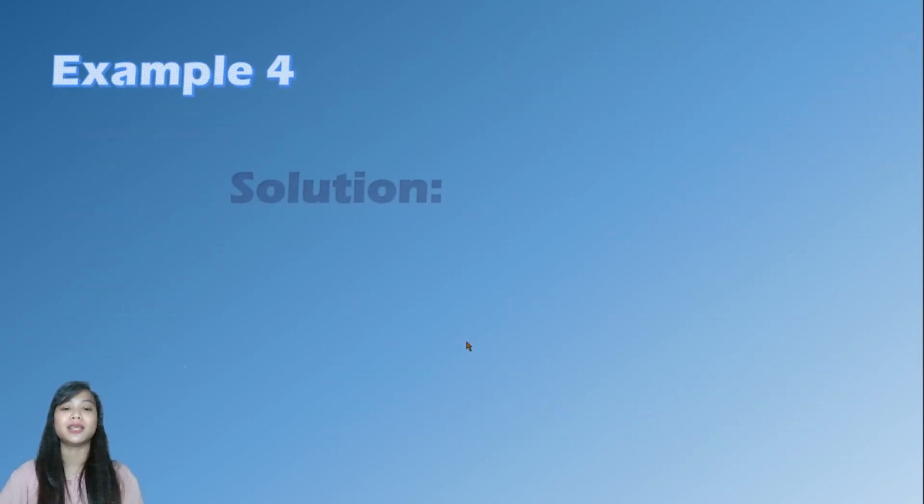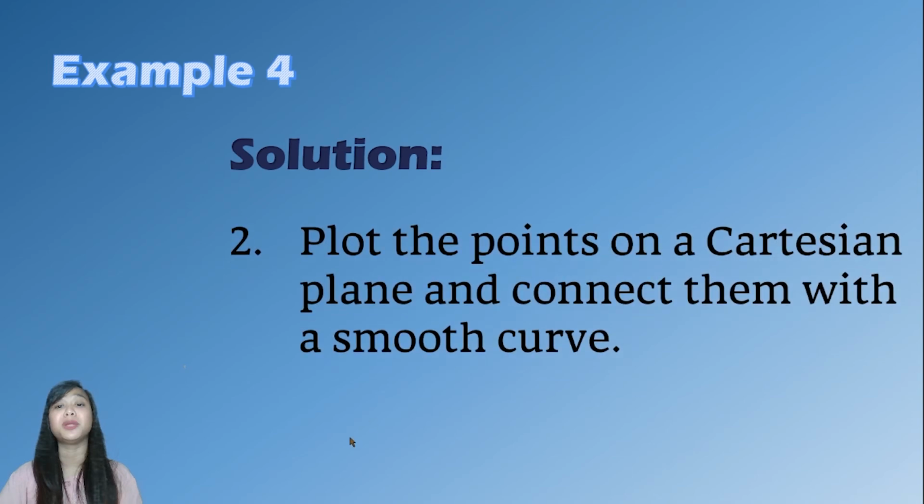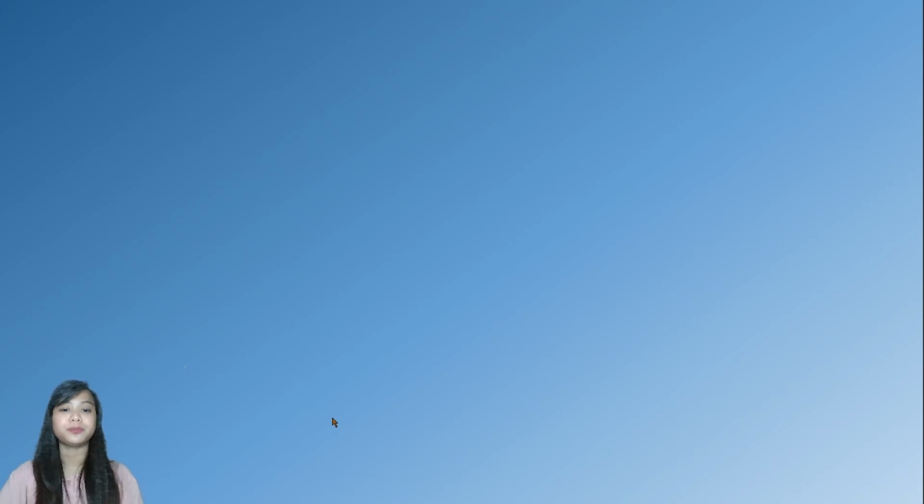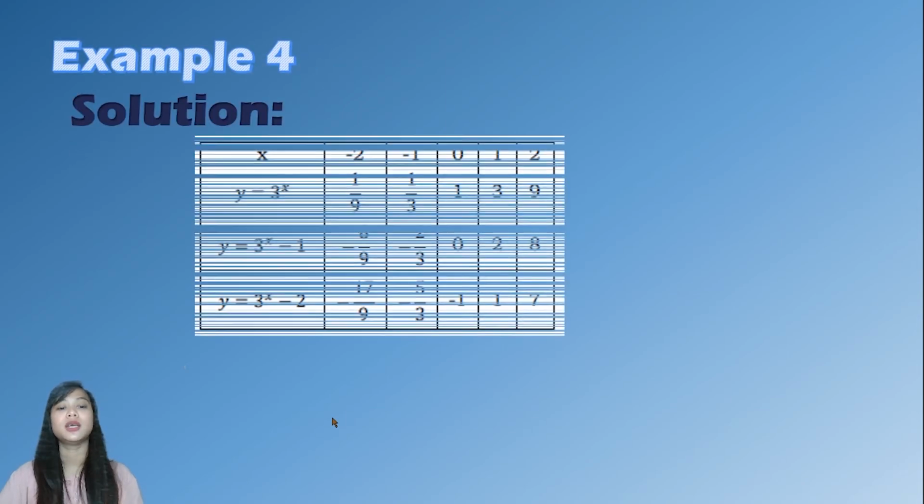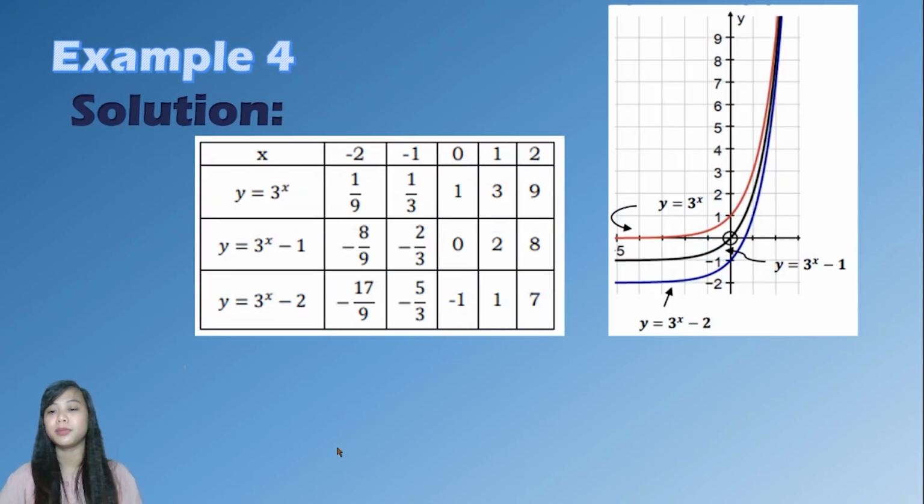So, how can we sketch that? For the second step, we need to plot those points in the Cartesian plane and connect them with a smooth curve. So, we have this table. Now let's plot it. This will be our graph. The red smooth curve is the curve for y equals 3 raised to x. So we have negative 2, then y is 1 over 9.